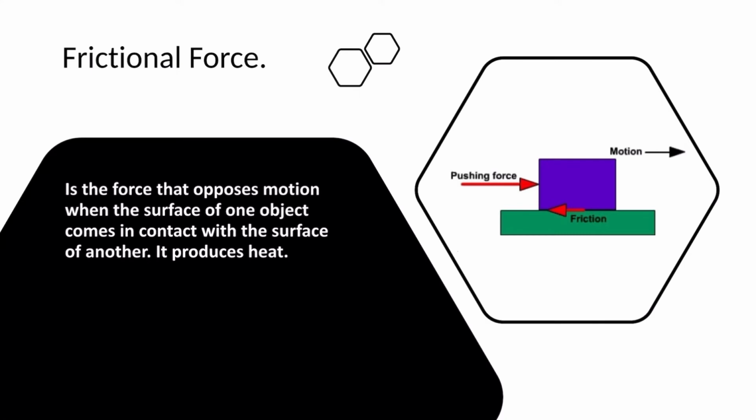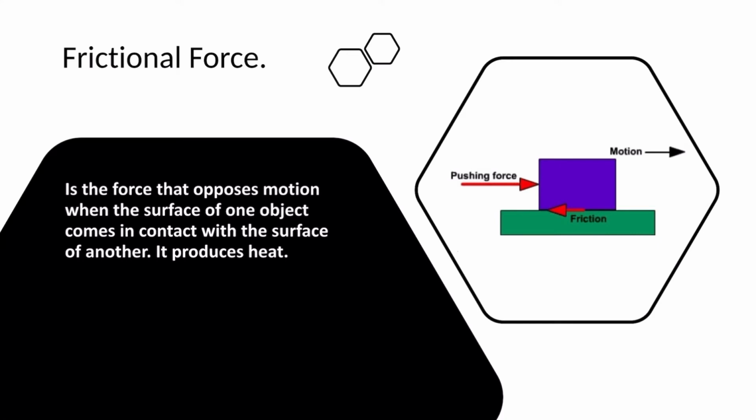Frictional force produces heat. Sometimes it is useful, but sometimes it is harmful. For a useful example, when we walk on the ground, we are pushing the ground backward while we are moving forward. That is because of friction.